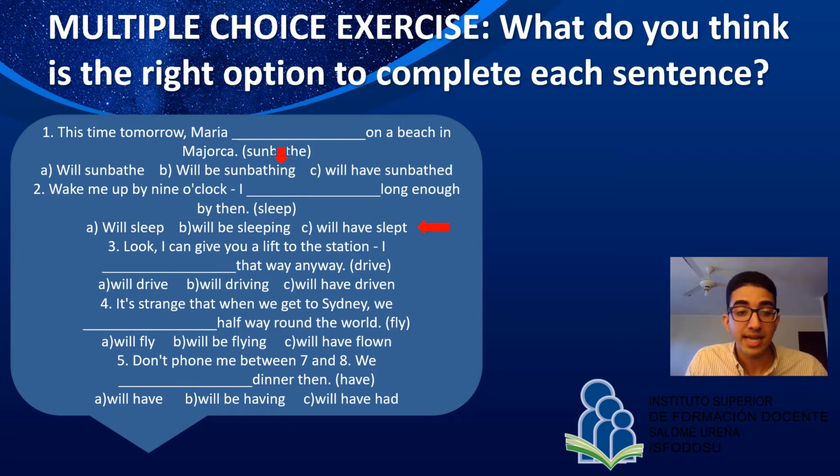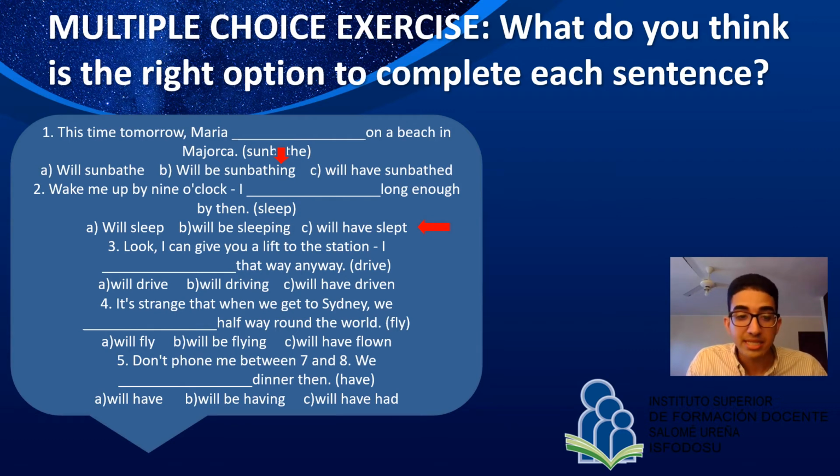Then the next one says, wake me up by 9 o'clock. I will have slept long enough by then. Here we use the future perfect because we are talking about an action that will be completed by a specific time or period of time in the future. So when you say by 9 o'clock, that means that by that time, you will have slept enough or sufficient.